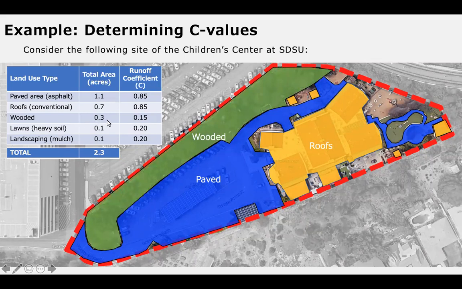An area of 0.3 acres in this parcel consists of wooded zone, which has a runoff coefficient of 0.15. And then the remainder of the area on the site includes lawns with heavy soil, and landscaping with mulch. Those have runoff coefficients of 0.2.